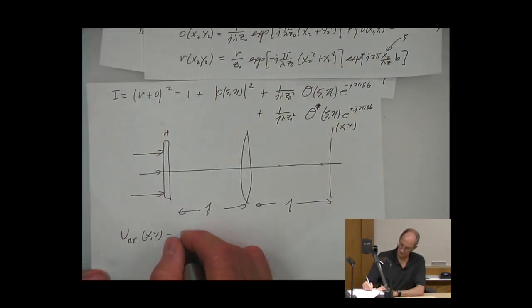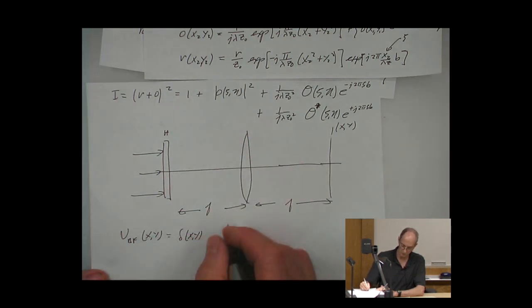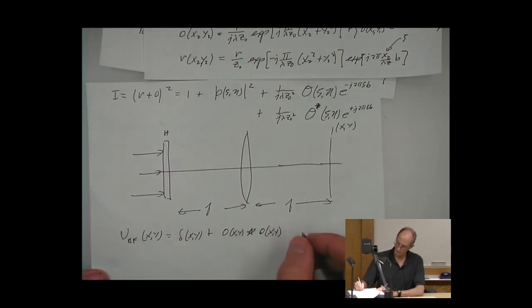And so we have a delta function from this, just like we had before. We have the O of x, y autocorrelated with itself. And then we have plus O of x minus b, y, and then we have plus O star of, say, x plus b, y.